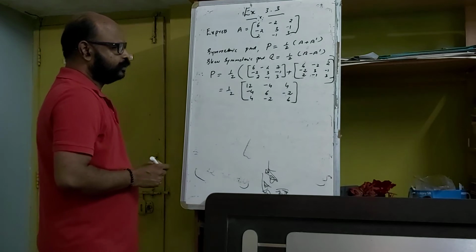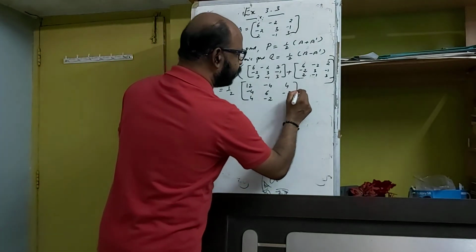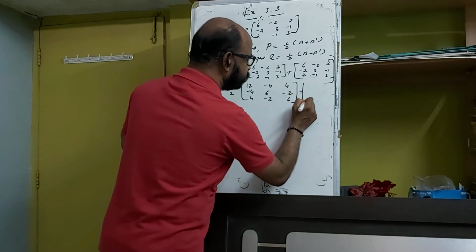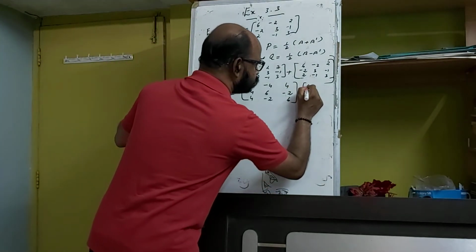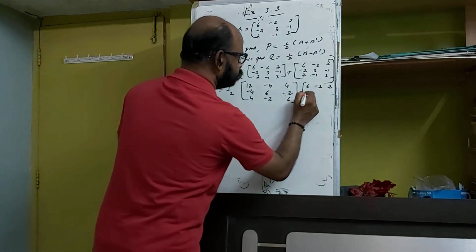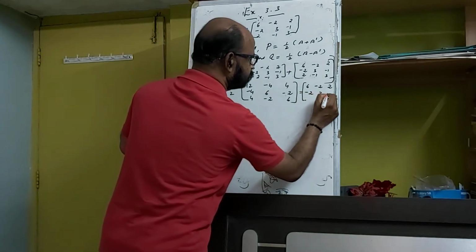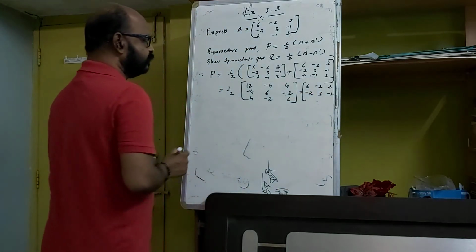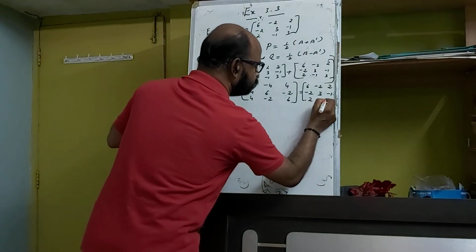Then multiplying by 1 by 2 means dividing by 2. So 6 minus 2 2, minus 2 3 minus 1, 2 minus 1 3.